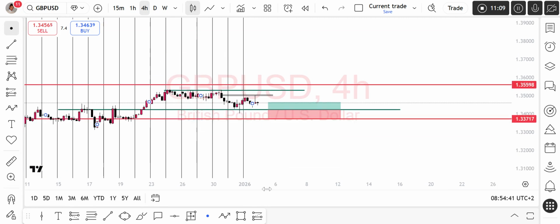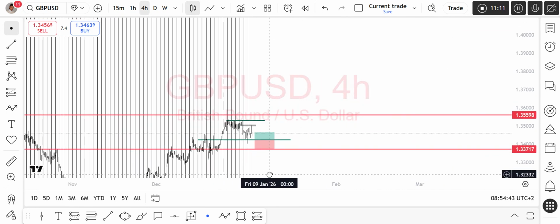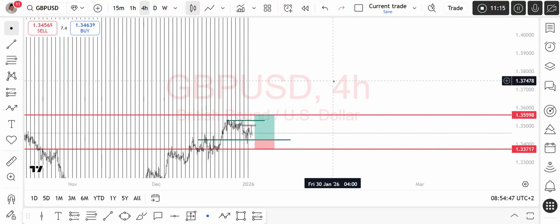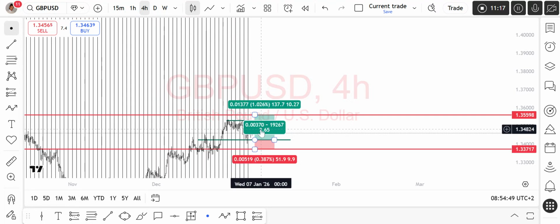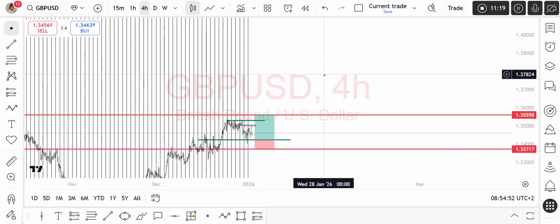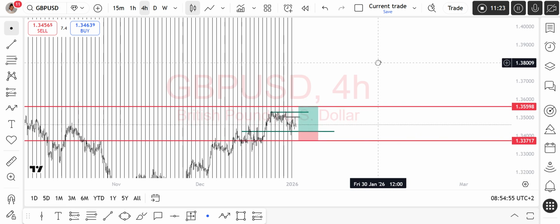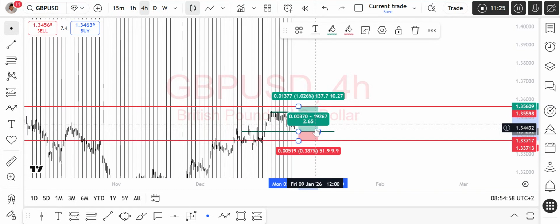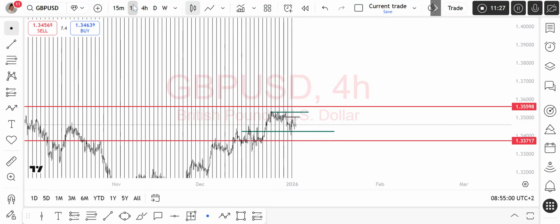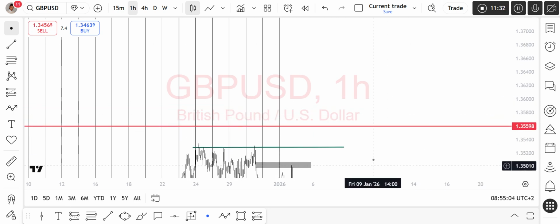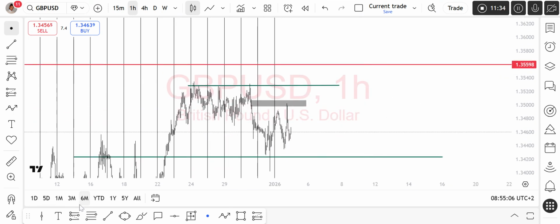And this is a 4 hour chart, so we can definitely risk this much. So this is how I would take this trade on the 4 hour. So those are my two plans for the 4 hour.